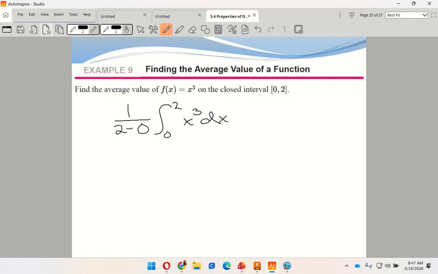All right, so let's go ahead and run through this one. 1/2 integral of x^4 over 4 from 0 to 2, which is x to the 4th is going to give me 16. Yeah, 16. Over 4 should be 4.